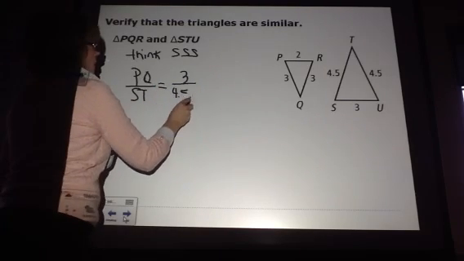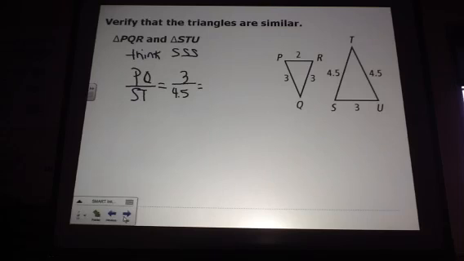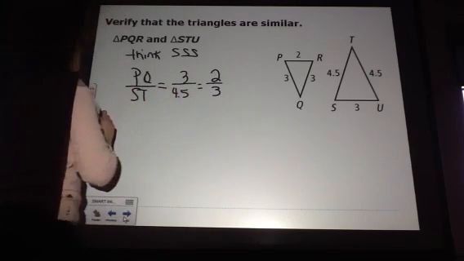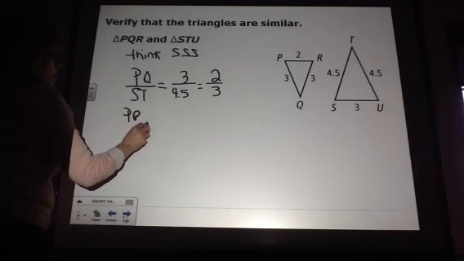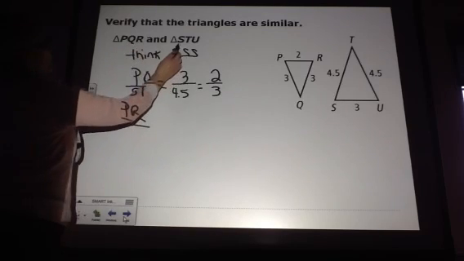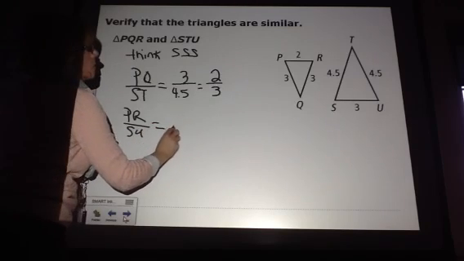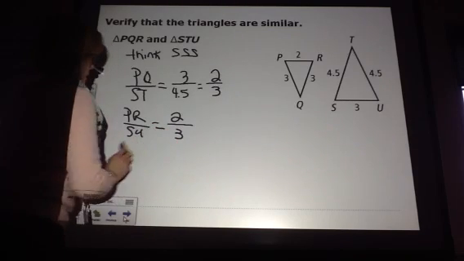ST is 4.5. And when you simplify that, you get 2/3. Then we have PR. PR corresponds with SU. PR is 2. SU is 3.